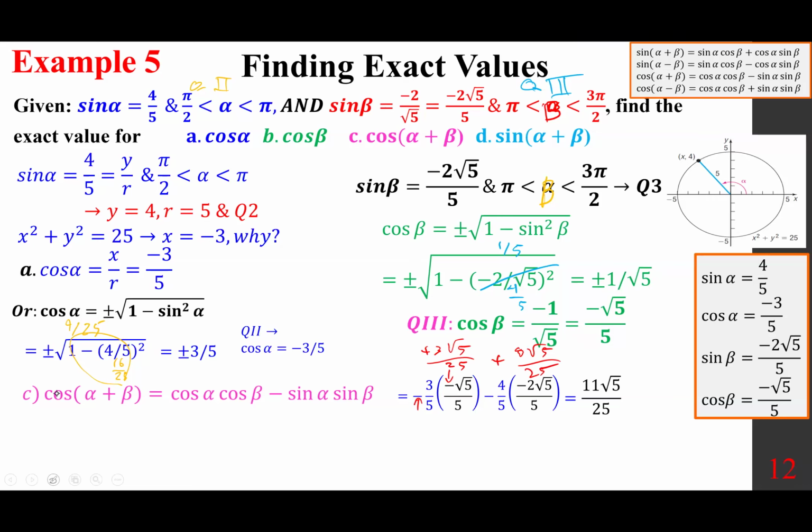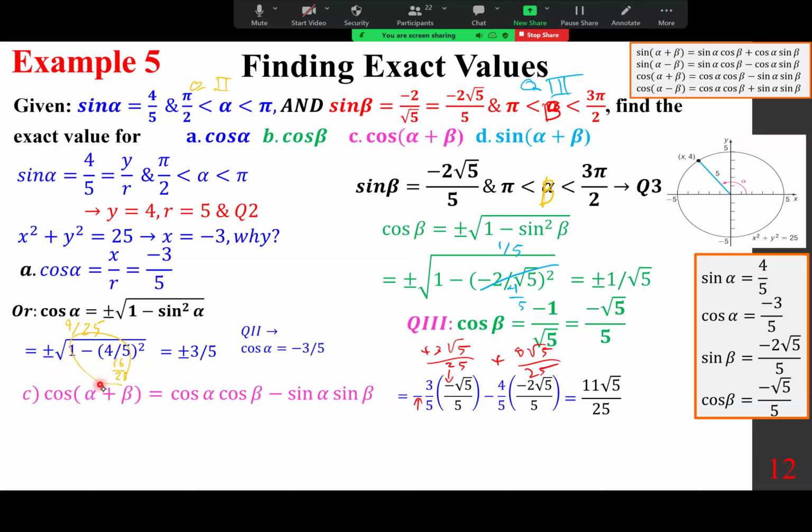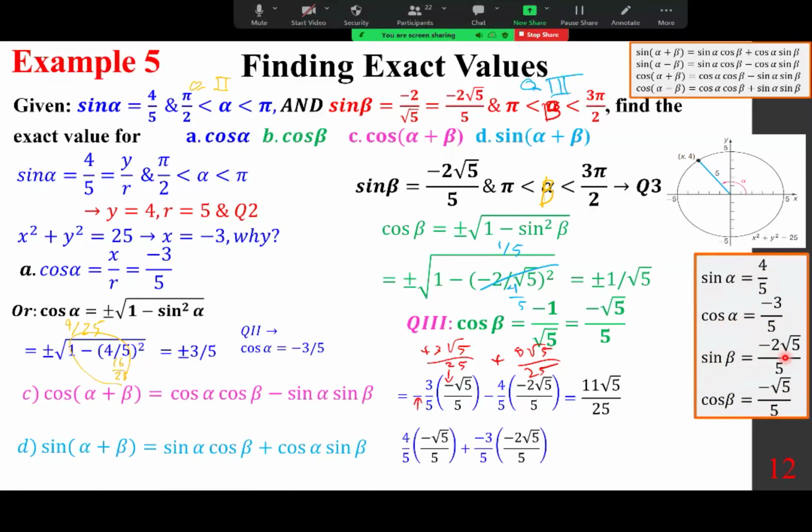What is sine of alpha plus beta? Sine alpha cosine beta plus cosine alpha sine beta. So sine alpha, 4 over 5, times cosine beta, negative square root of 5 over 5, plus cosine alpha, negative 3 over 5, times sine beta, negative 2 square root of 5 over 5.